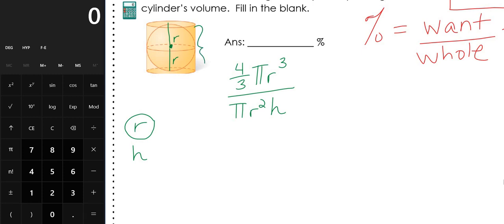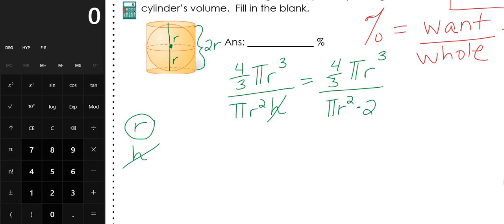In other words, the height of this cylinder is 2r. So I no longer have to use h. The height of the cylinder will now be called 2r. Okay, let's plug this stuff in. Because remember, I can't use h. I got to use something else. So I'm going to put 4/3 pi r cubed, that's for our sphere, divided by pi r squared times 2r. Remember, we can't use h.